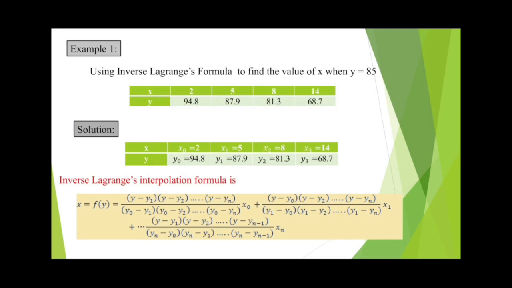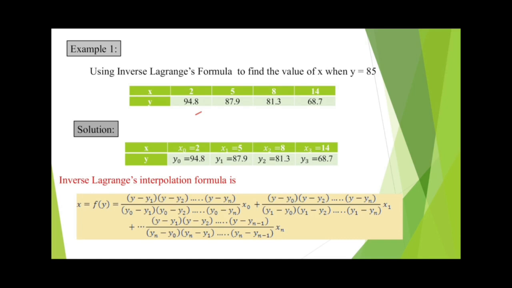In this example, we are required to find the value of x when the value of y is 85. The given data points are shown in the table. The corresponding values of x are 2, 5, 8, 14 and y values are 94.8, 87.9, 81.3 and 68.7. Before applying the formula, I first assign the values as x0, x1, x2 and x3 and the corresponding y0, y1, y2 and y3 as shown in the solution table.